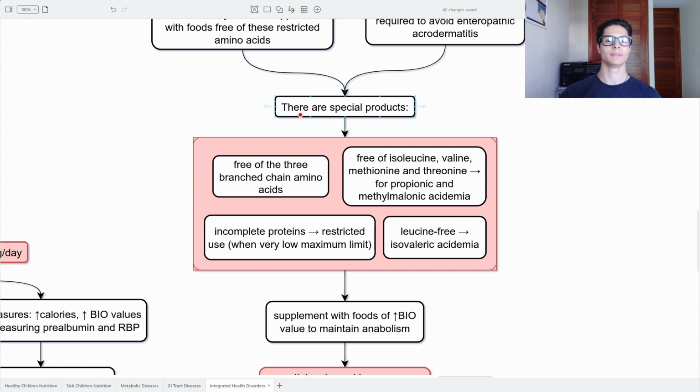And here we have different special products. Those free of the branched chain amino acids, those free of isoleucine, valine, methionine, and threonine. The ones that are incomplete proteins are only used when there is a very low maximum limit of proteins in a day. And also the leucine-free formulas.